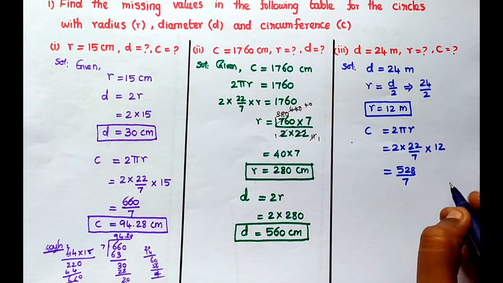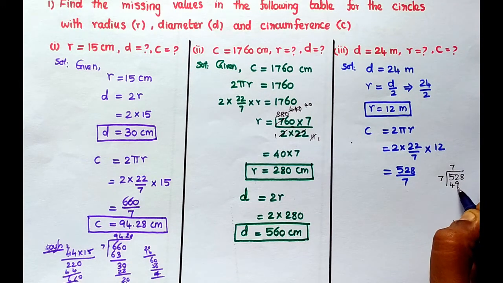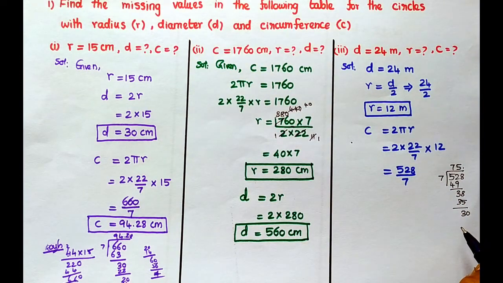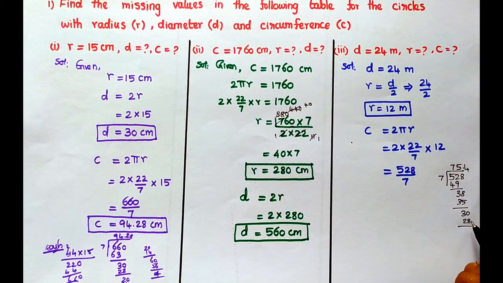Now division, 528 divided by 7. 7 sevens are 49, balance 3. Bring down 8, it becomes 38. 5 times 35, balance 3. Keep the point and put 0 here. 4 times, that is 28.